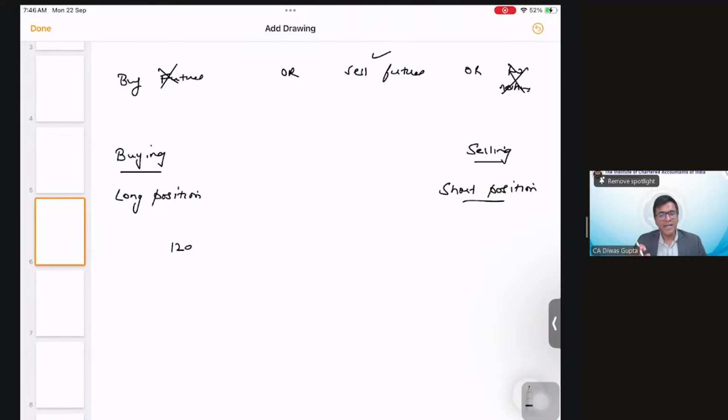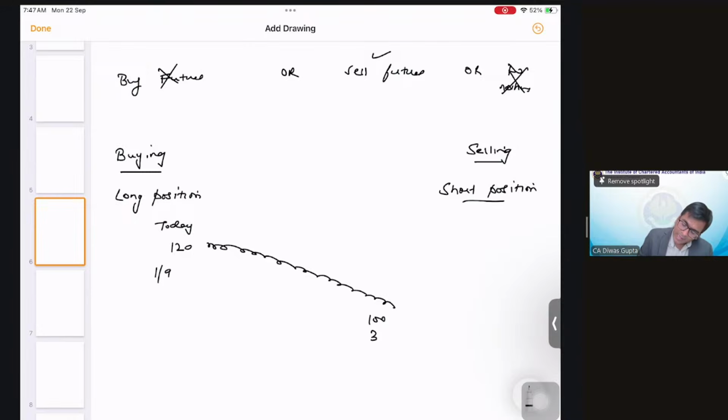But let's take a reverse situation wherein today the price is 120 and you know for a matter of fact that the price is going to go down to 100. Now in this situation, can you make money? So let's say today is, let me take, 1st September and 30th September. So after 38 days, the price is going to go down.